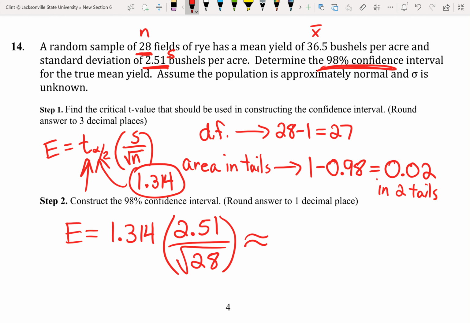And on these, remember, you want to leave several decimal places so you don't accidentally round too much. So 1.314 times 2.51 divided by the square root of 28. I'm going to leave 6 decimal places here, so I got 0.623290 how that would round to 6 places.